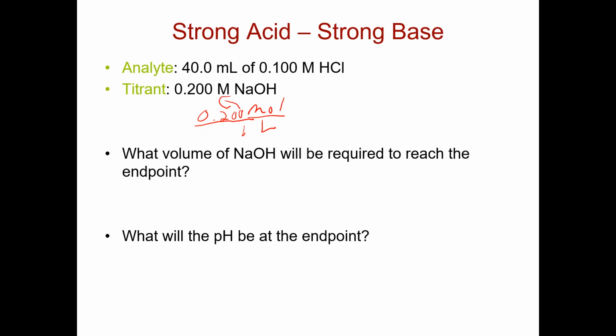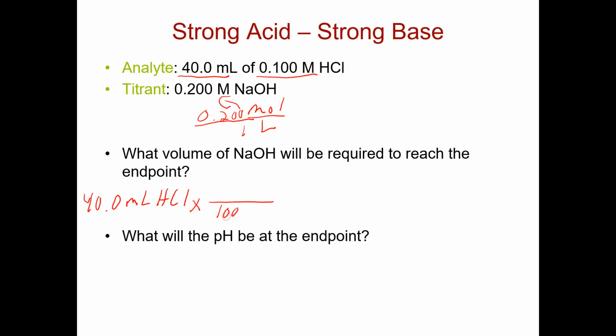If you think back to how we did calculations with titrations, we always start with the one that we know everything about, and we work towards the one where we have something that's unknown. So we start with the 40.0 milliliters of 0.100 molar hydrochloric acid. Since molarity is moles per liter, we'll need to convert milliliters into liters.